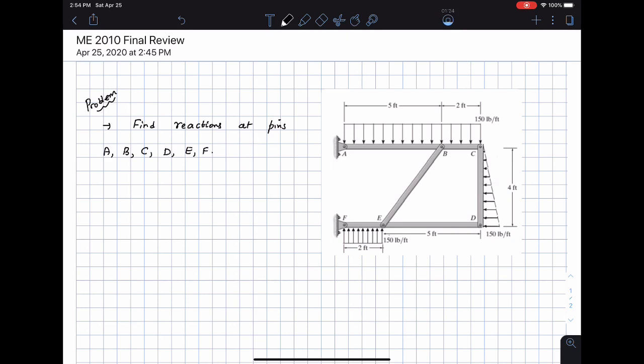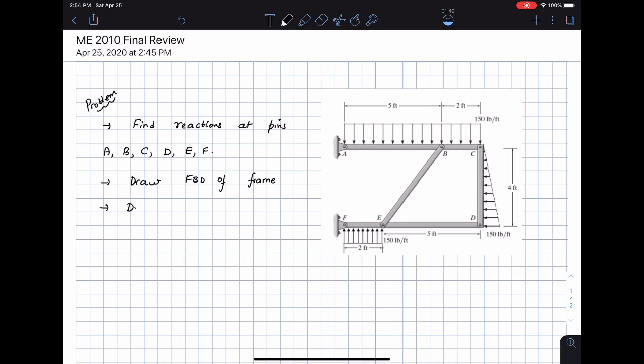Furthermore, if you look at the problem statement in your practice final exam, it tells you a couple of things. It asks you to start by drawing the free body diagram of the entire frame. And then it is also asking you to draw the free body diagram of the individual bars of the frame.